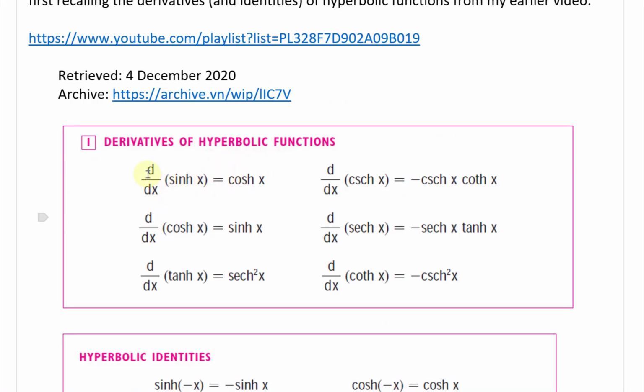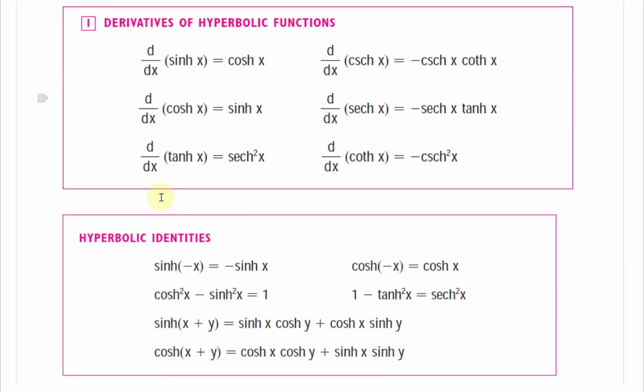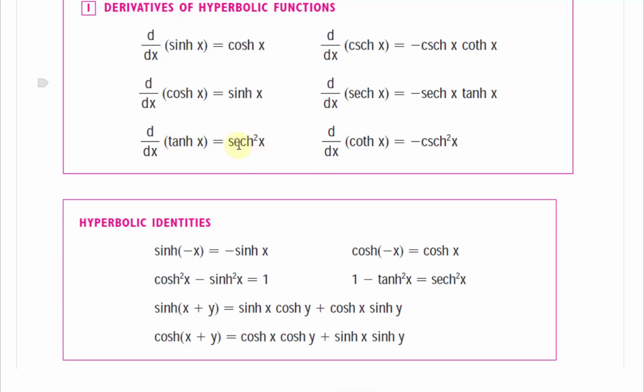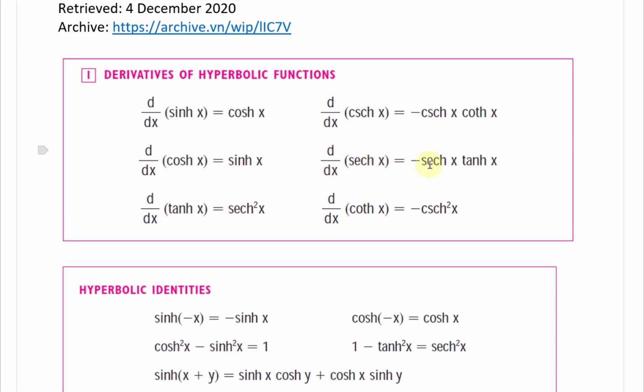Recall the derivative of sinh of x is going to be cosh of x, similar to regular trig derivatives. The derivative of cosh of x is equal to sinh of x, and the tangent one, the one we're focused on, is going to equal sech squared of x. Also the derivative of sech of x is going to be negative sech of x times tanh of x.